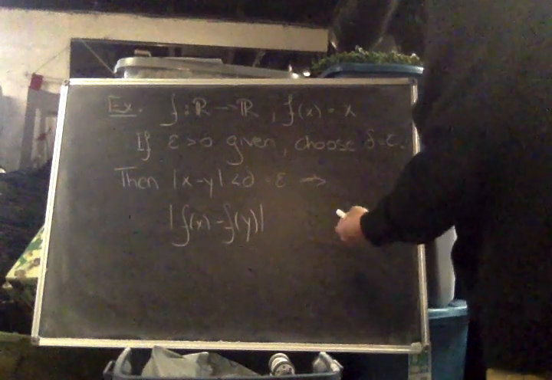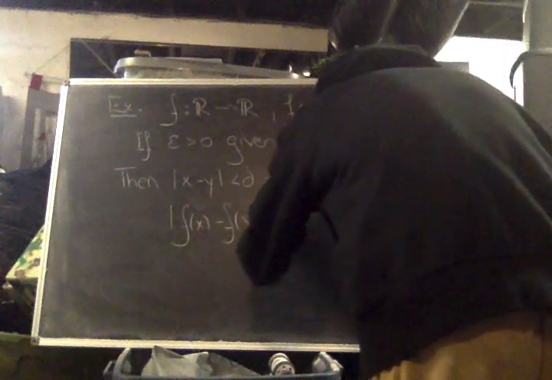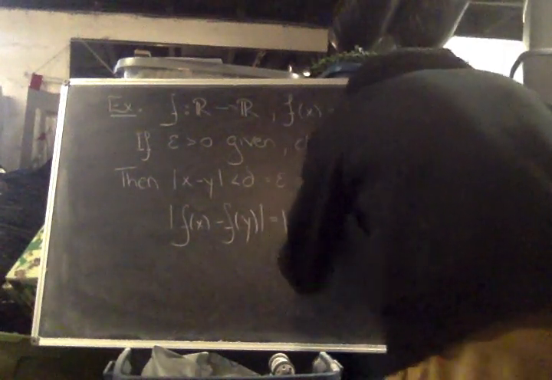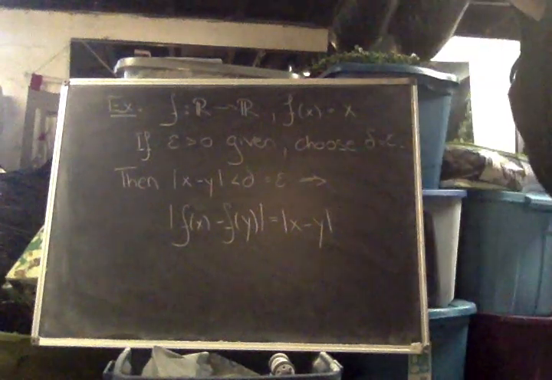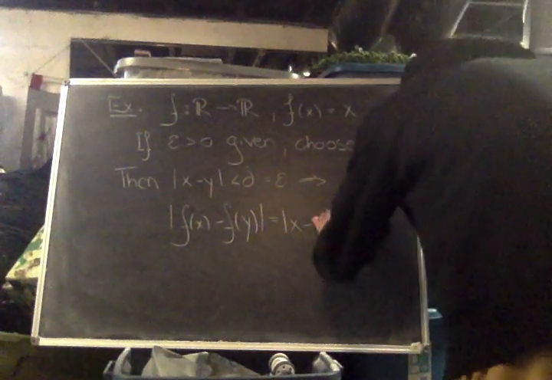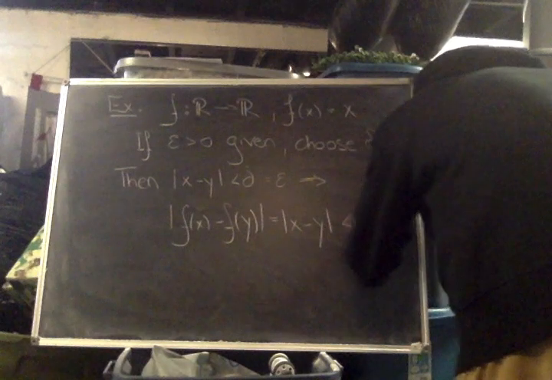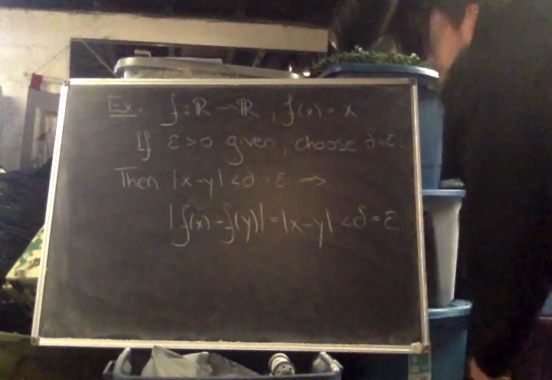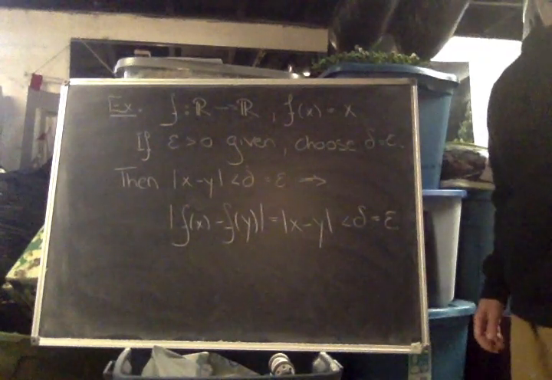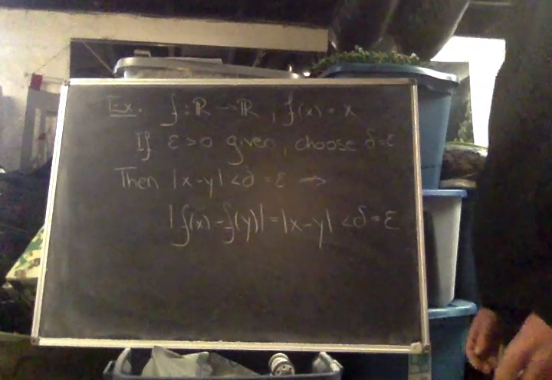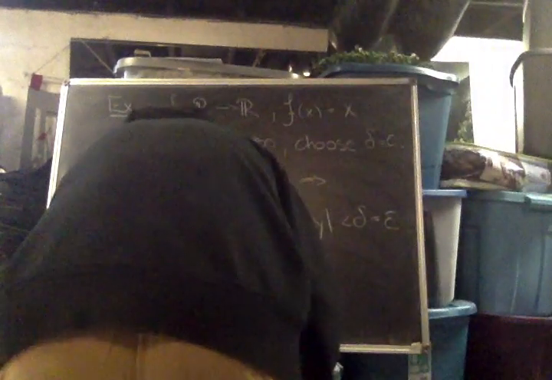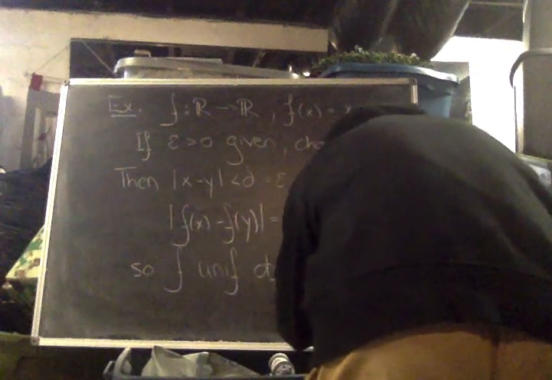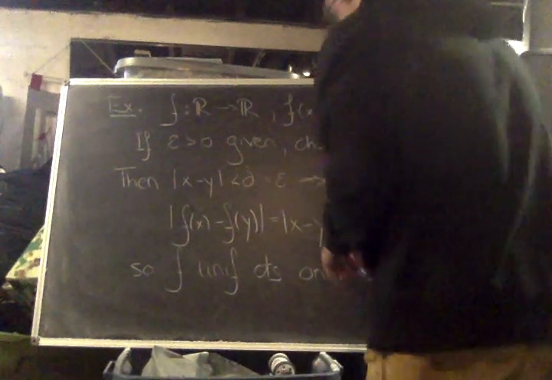But f of x minus f of y is exactly equal to x minus y in this very simple example, which of course is less than delta, which is equal to epsilon. And that does the trick. So f is uniformly continuous on R.